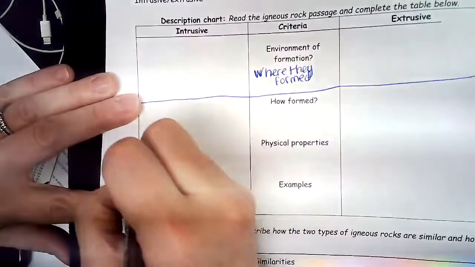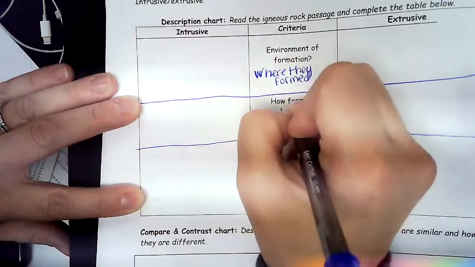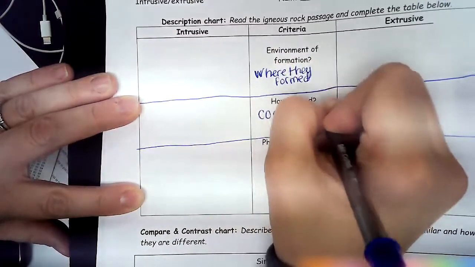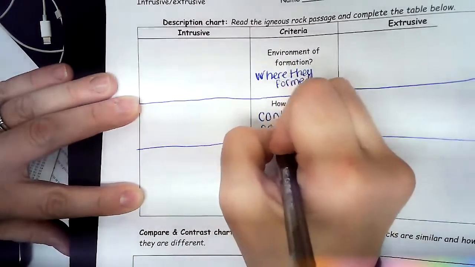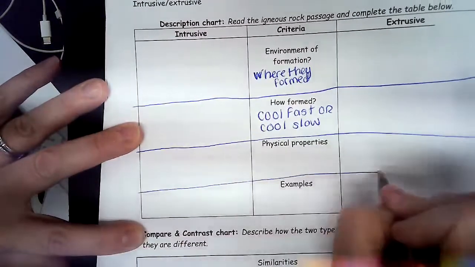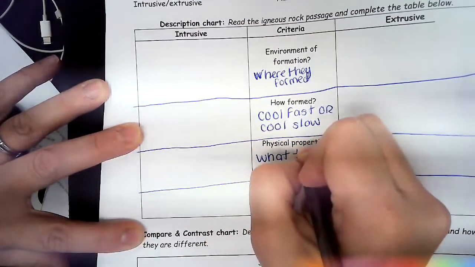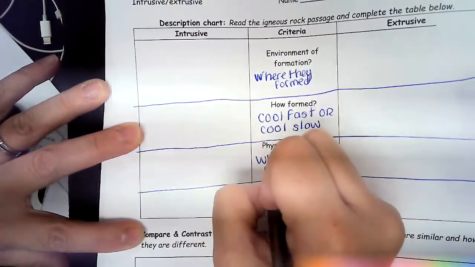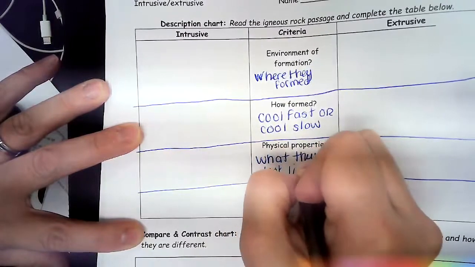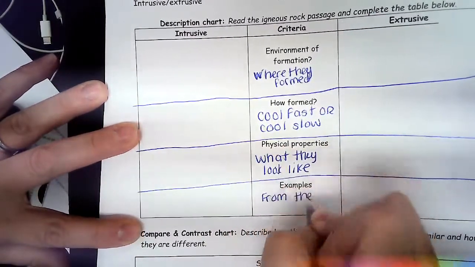How they formed. What I'm looking for is, do they cool fast or cool slow. Physical properties is what they look like. And give me some examples from the reading.